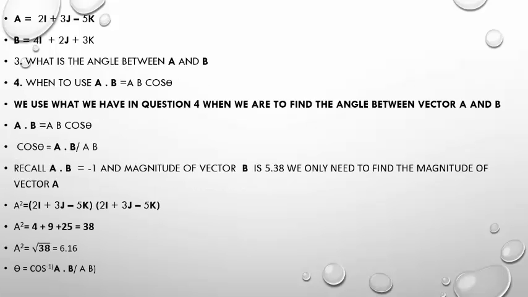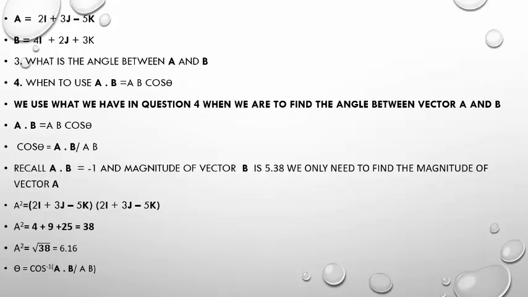Then, what is the angle between A and B? And when do we use A dot B is equal to AB cos theta? So we use what we have in question 4. We are to find the angle between vector A and B. What we have in question 4 is used when we want to find the angle between A and B. And we can easily find A dot B divided by AB, which will give us cos theta.